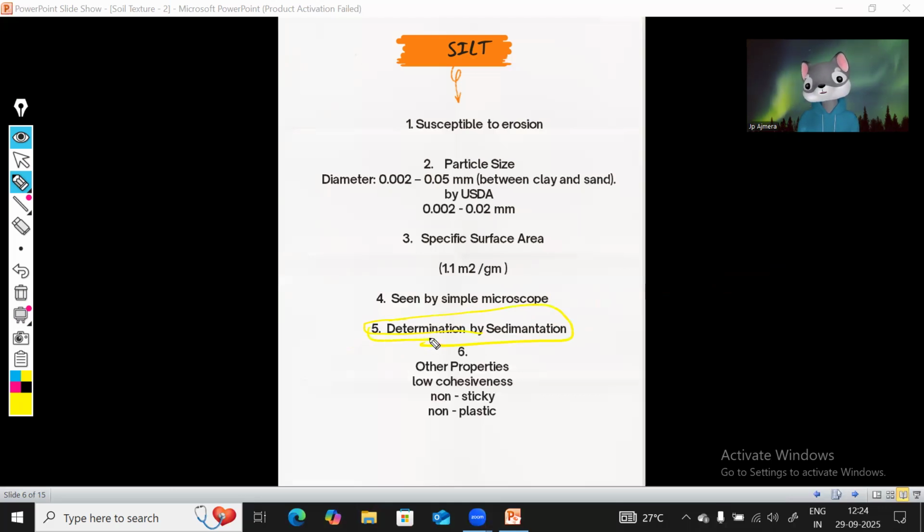Other properties of silt: no cohesiveness, non-sticky, same as sand but a bit higher compared to sand, and non-plastic as well. Follow? So these properties are carried by silt.